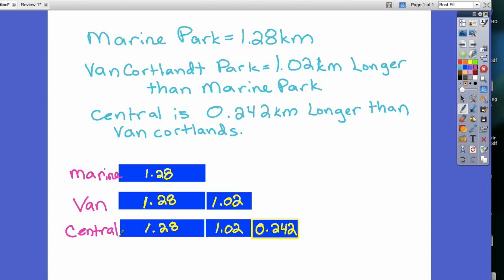So we automatically can look at this chart that we made, and we know that Van Cortlandt will be 1.28 plus 1.200. 8 plus 2, everybody? 10.